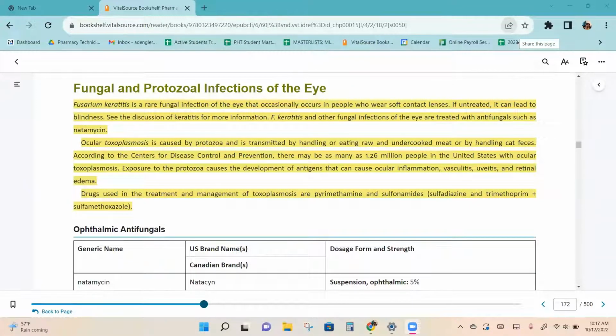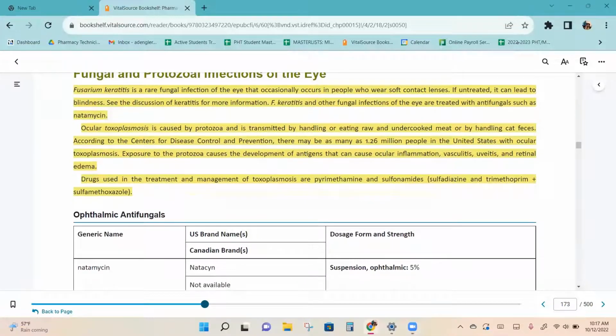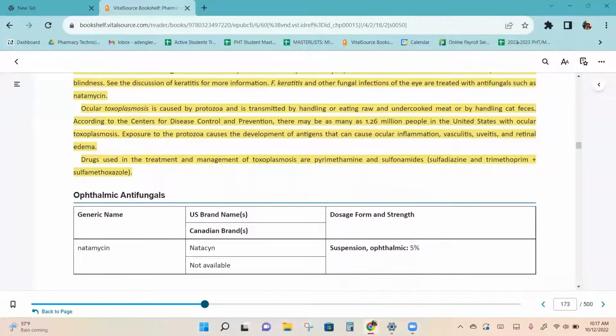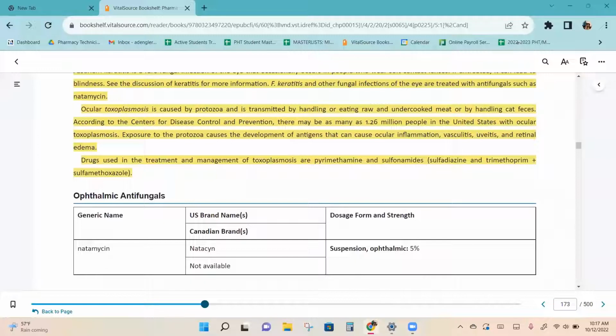Fusarium keratitis is a rare fungal infection of the eye that occasionally occurs in people who wear soft contact lenses. If not treated, it can lead to blindness, and one of the medications we use for treatment is natamycin ophthalmic suspension. Ocular toxoplasmosis is caused by protozoa.